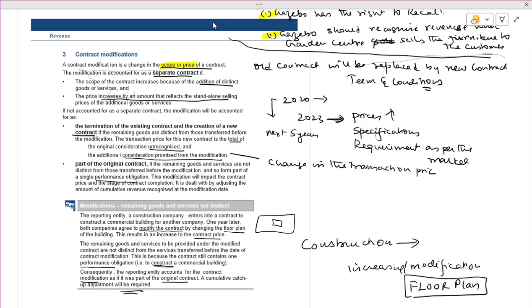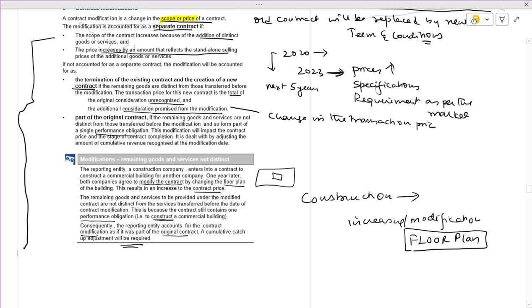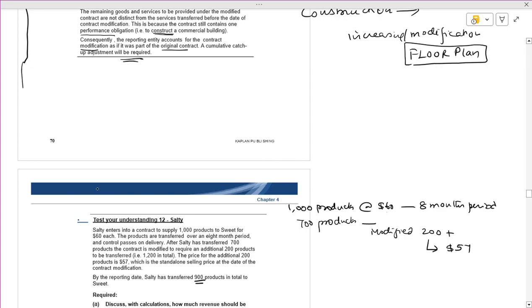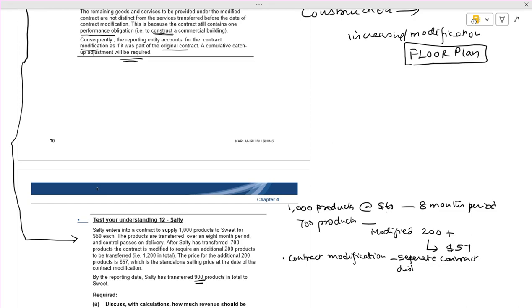I am stressing this so you are clear on what basis we have done it. The contract modification is a separate contract because it has distinct features, and the price increase reflects the standalone price.